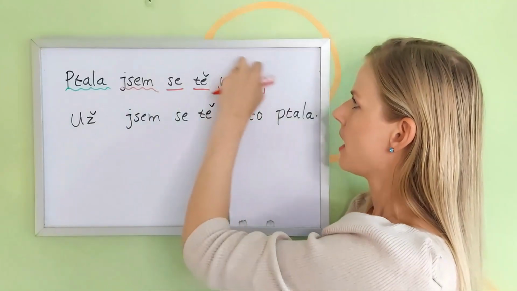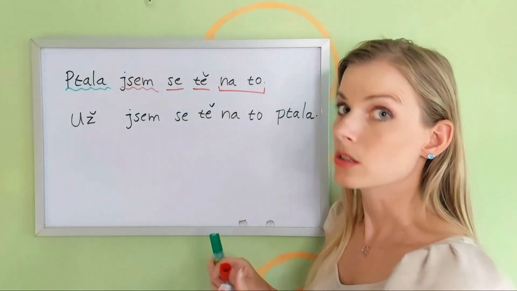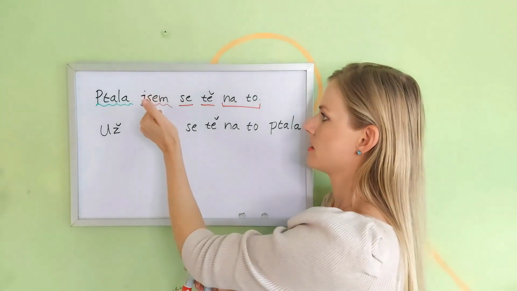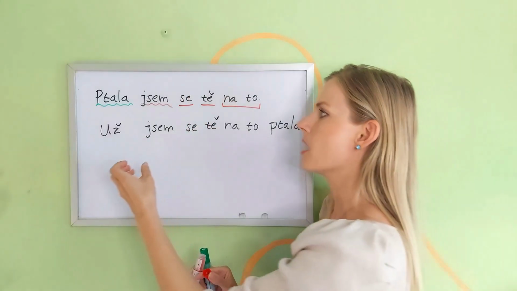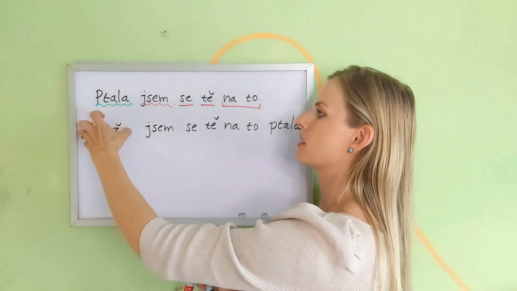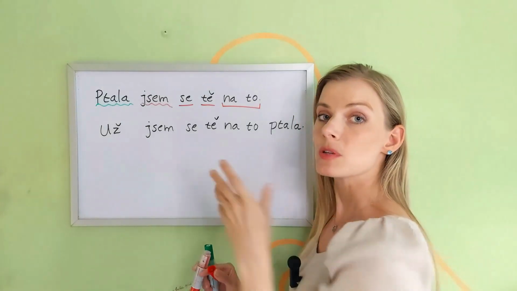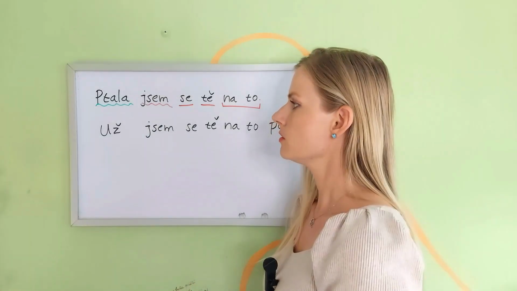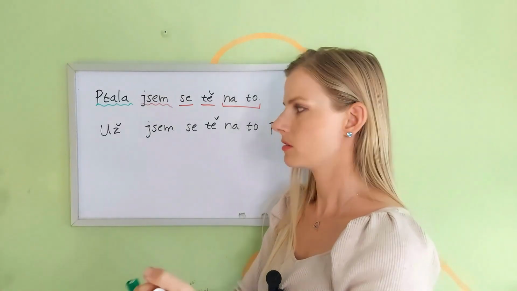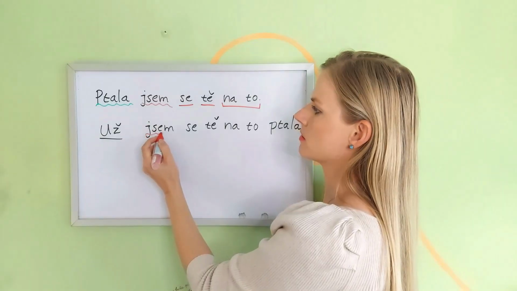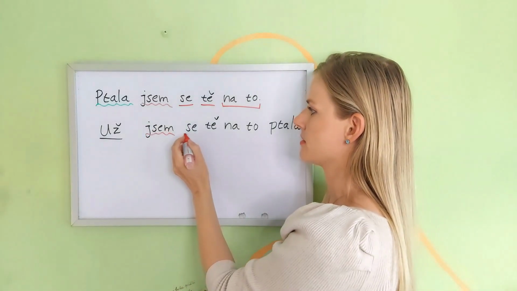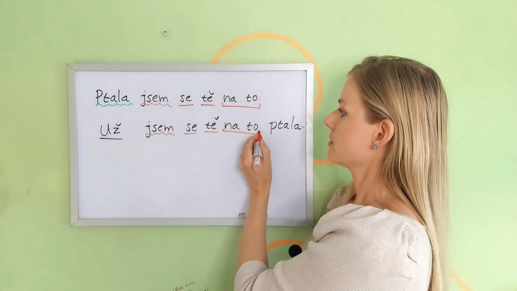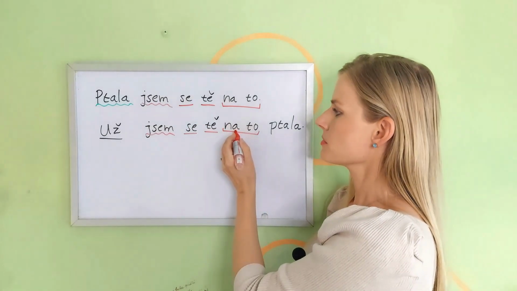All these are second position words. But if we have more of them at the same time, then there is hierarchy. So what happens if we put another word that can be in the first position, like už? We love už. I've already asked you about it. What happens? Jsem, auxiliary verb to be first, then se, then tě, a short pronoun, then this pronoun with a preposition.